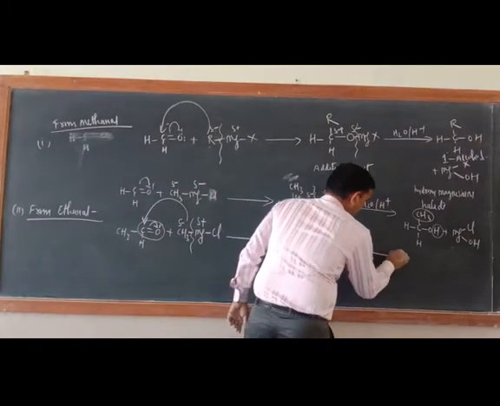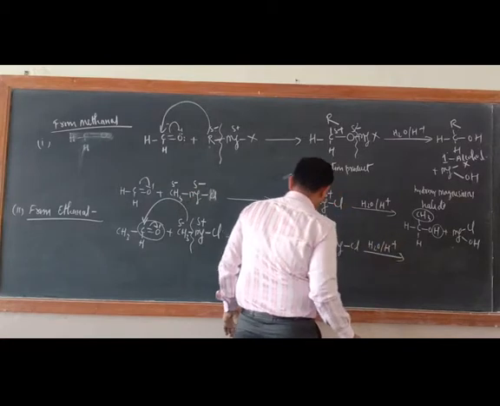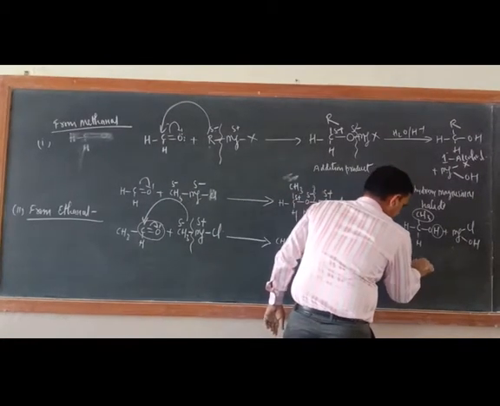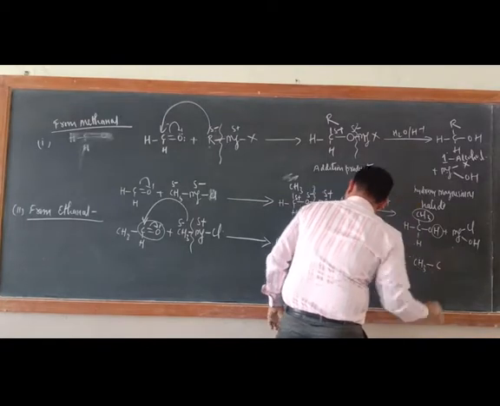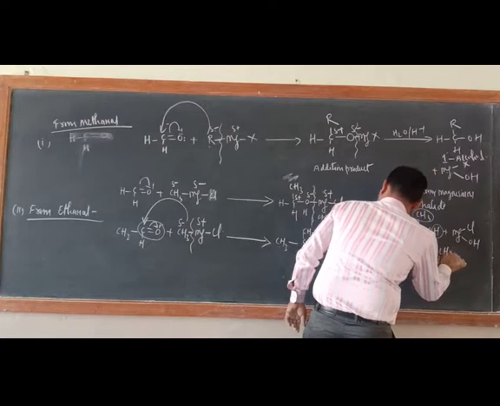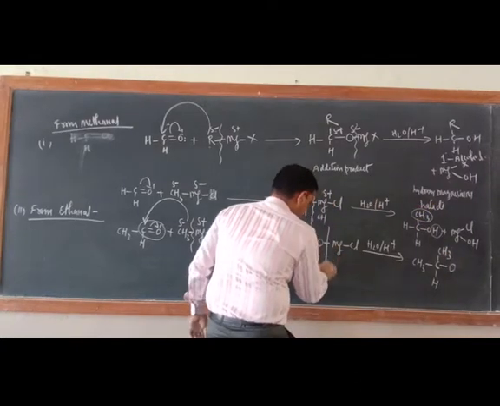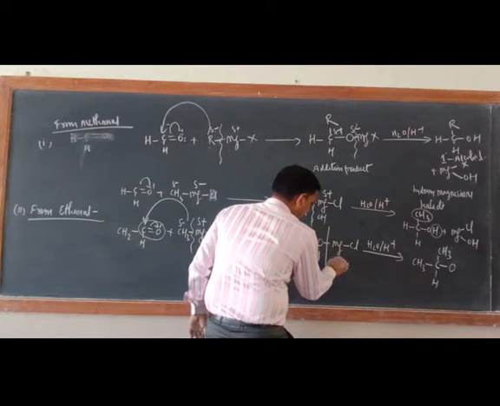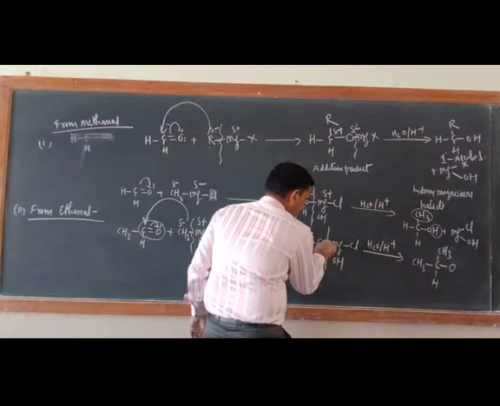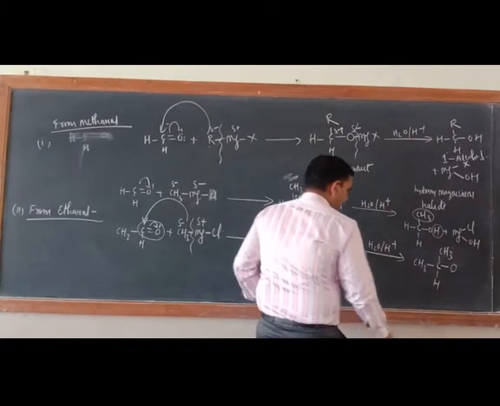Now subject it to hydrolysis, H2O or H positive. So what is the product here? Product is CH3 and here C, here H, here CH3, and here O. And H will be given here, OH will be given here, because this is the point of addition.